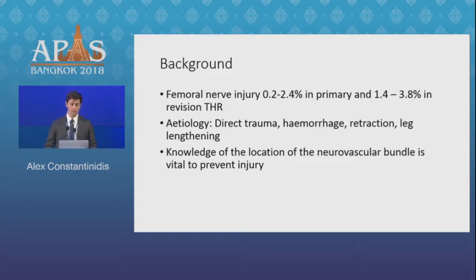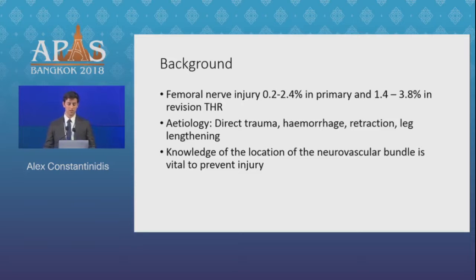A recent systematic review demonstrates that the most common etiology of this injury is from retractor placement on the anterior acetabular wall. When these structures are injured, it leads to a poor functional outcome for patients with ongoing weakness, paresthesias and neuropathic pain. And this obviously leads to poor patient satisfaction and impacts on their post-operative rehabilitation.